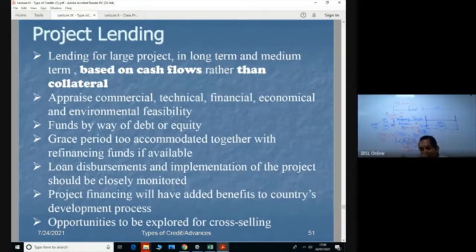Based on that, we will do the calculations and decide on the repayments and the loan amounts. If something goes wrong, we will take over the project and give it to someone else. We will not go behind the owners or sponsors of the project. We are not lending based on the strength of the sponsors.